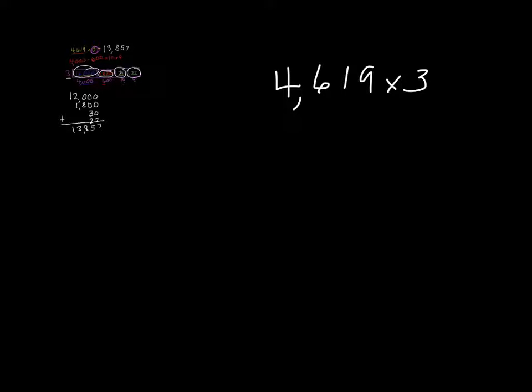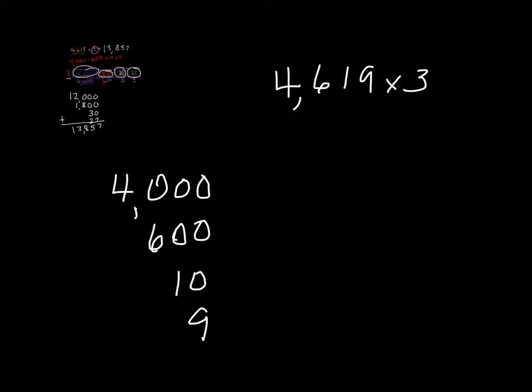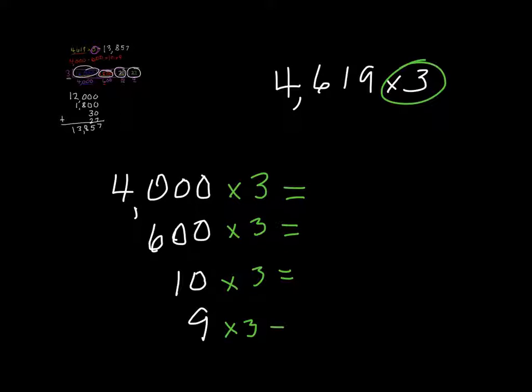I am going to write down my place value parts: 4,000, 600, 10, and 9. Then I'm going to distribute that times 3. So this part times 3, this part times 3, this part times 3, and this part times 3. Those are going to give me my partial products.